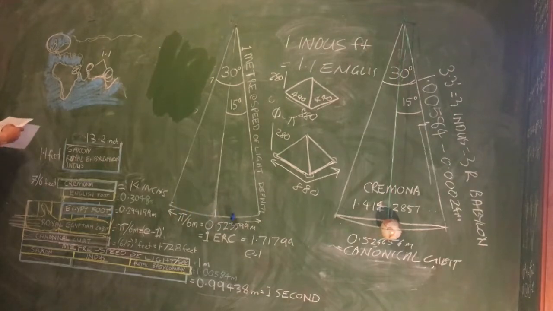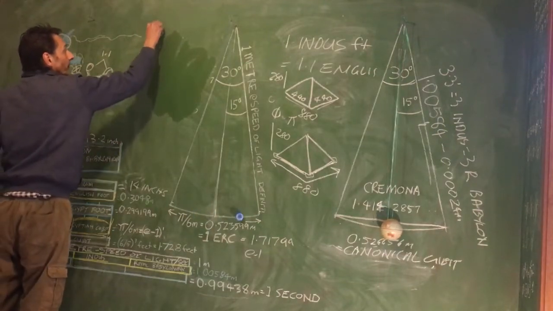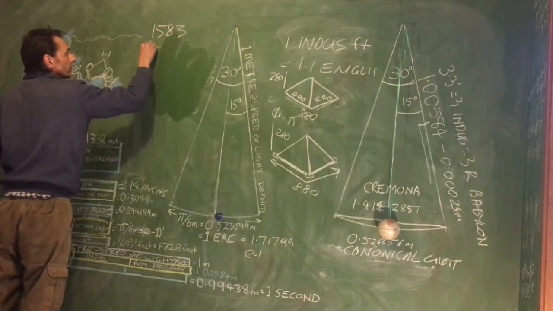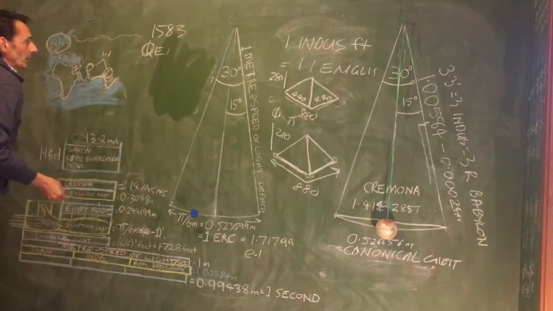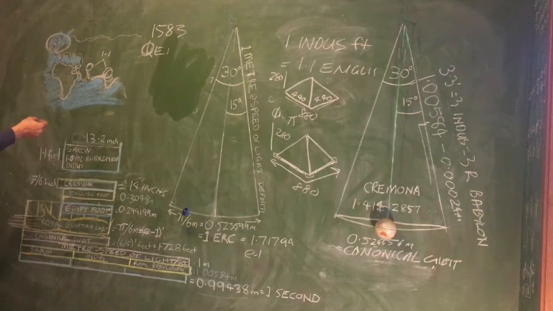And so the exact date is 1583, Queen Elizabeth I. The 1583 Weights and Measures Act of Parliament introduced the English foot as we know it now.